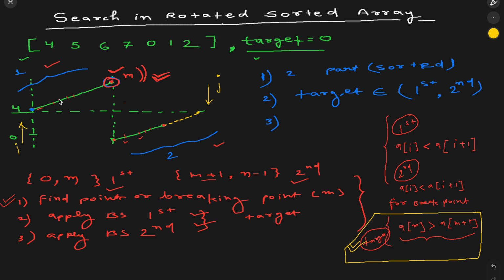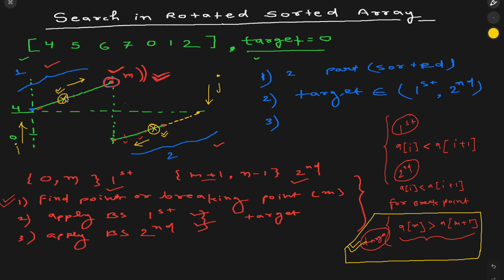Suppose the middle point can be in this part or in this part. If it is present in the first part, we have to move to the right side, and if it is present in this part, we have to move to the left side. So the direction is sure.